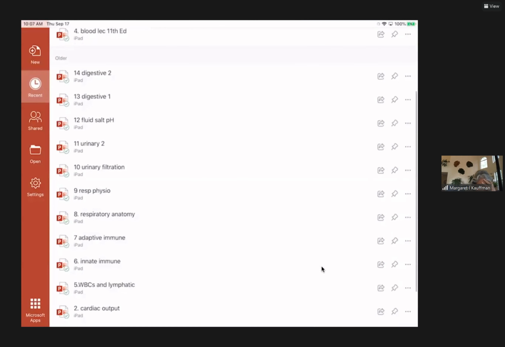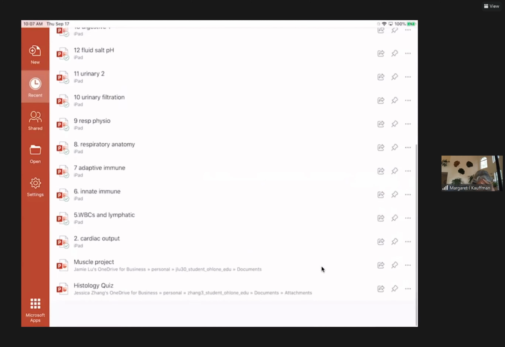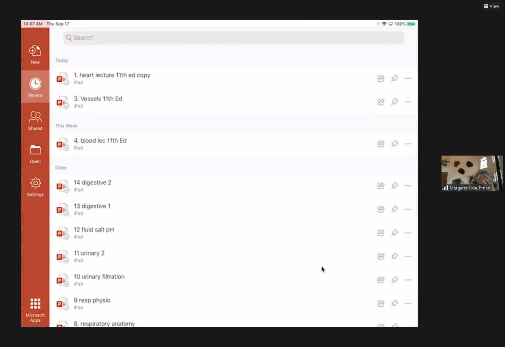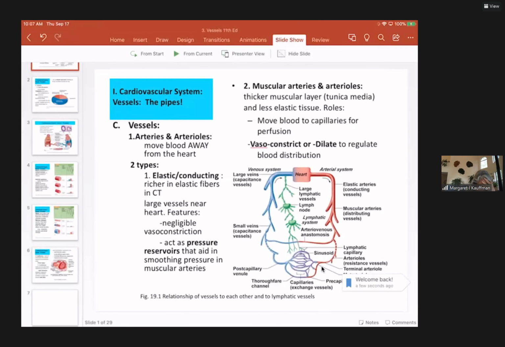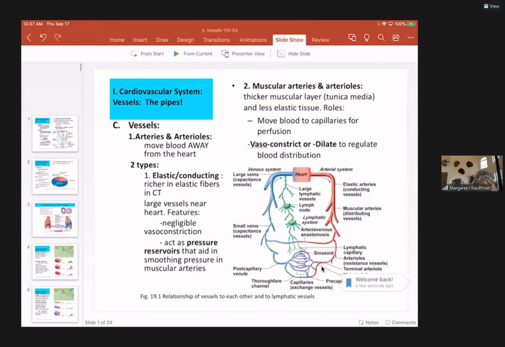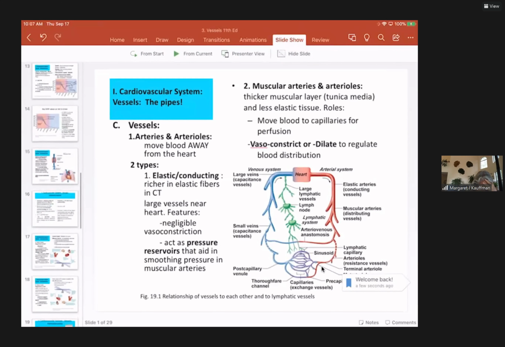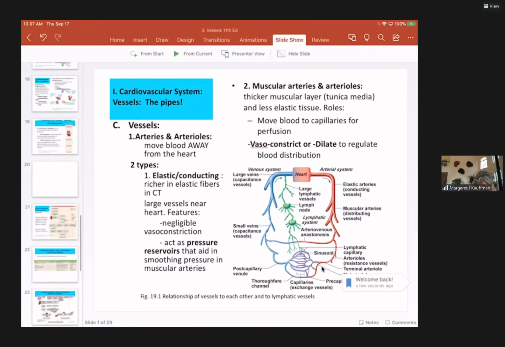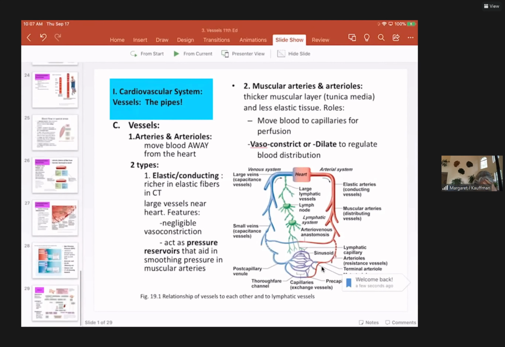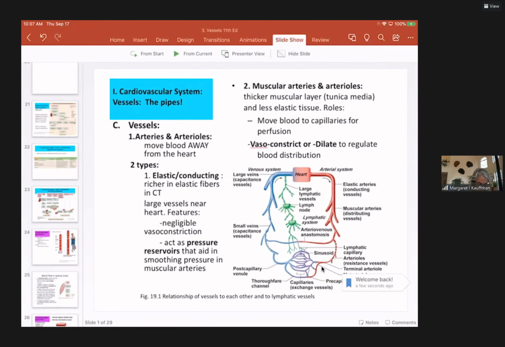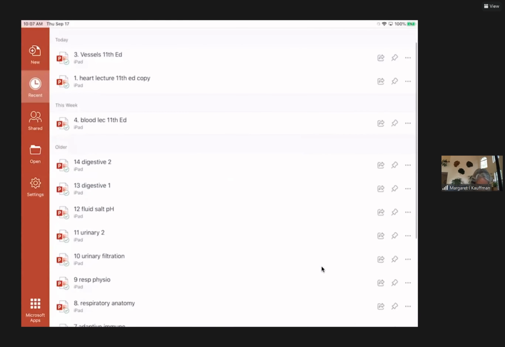Let me find our vessel one. Probably that's up here. I probably just went by it too fast. Remember, I made those big concept maps comparing the types of, I'm not finding it. I want to find it. Let me try once again.